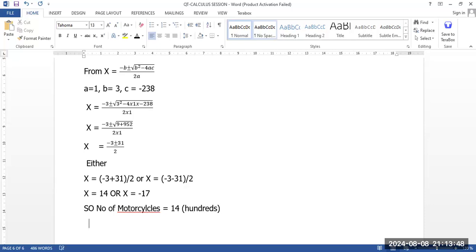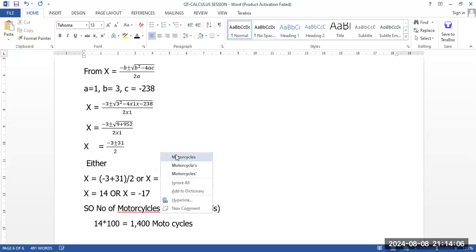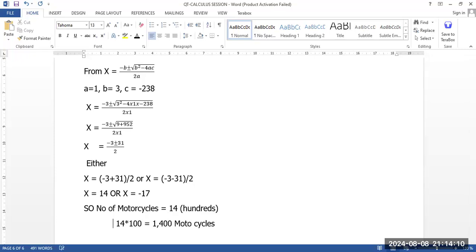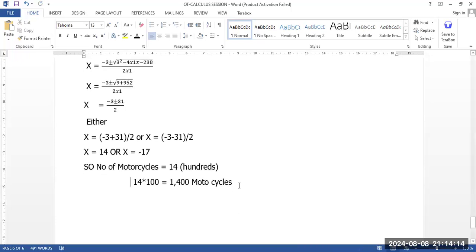So it means that finally you get 14 times 100, which is equal to 1,400 motorcycles. Is it clear? And you get all your marks.